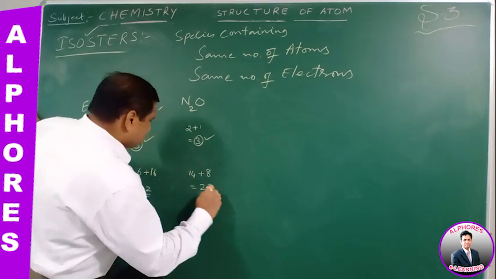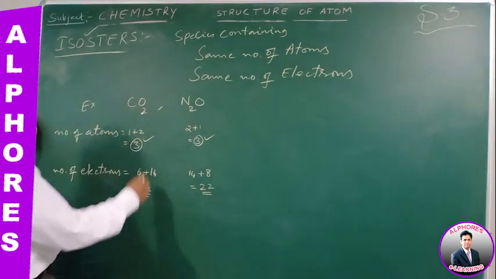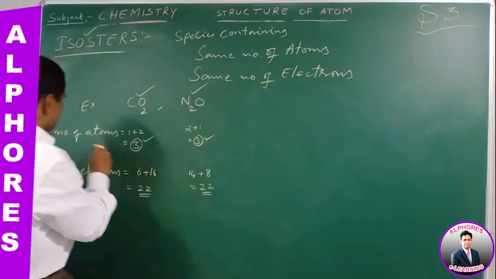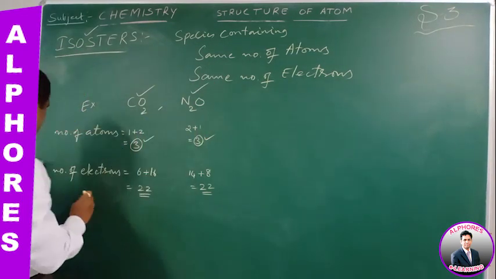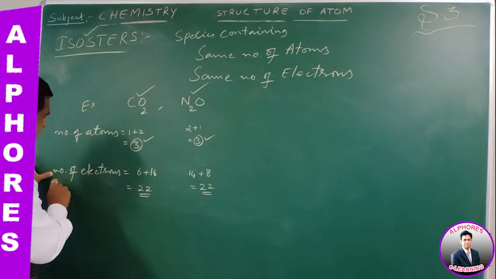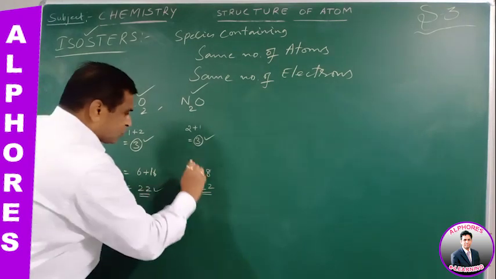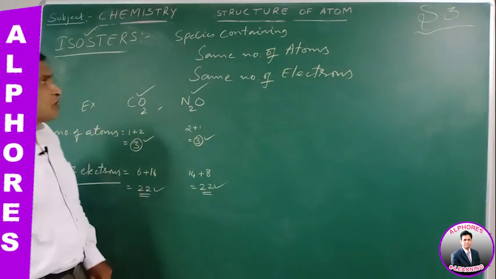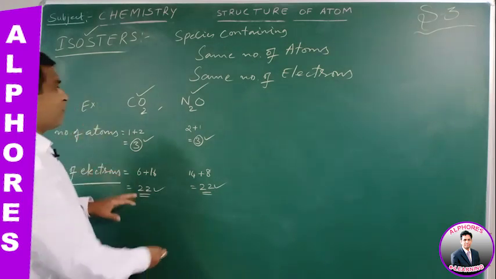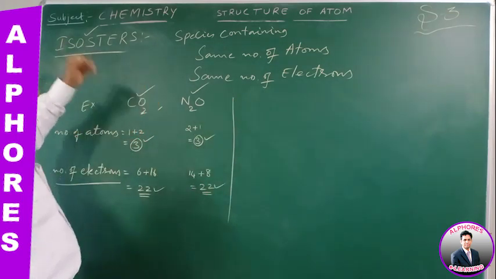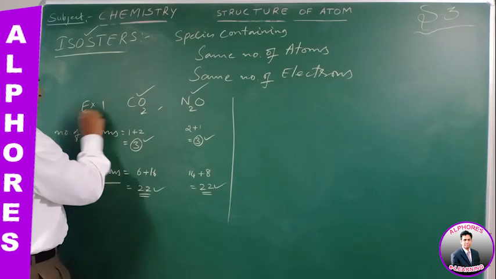So both carbon dioxide and nitrous oxide contain the same number of atoms, and both contain the same number of electrons, 22 and 22. So this is one example of isosters. Say it is example 1.